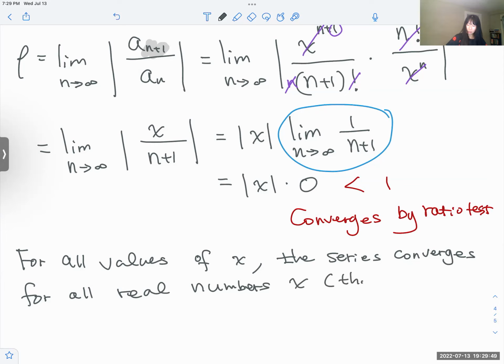Because think, any number times 0 is 0, which is less than 1.